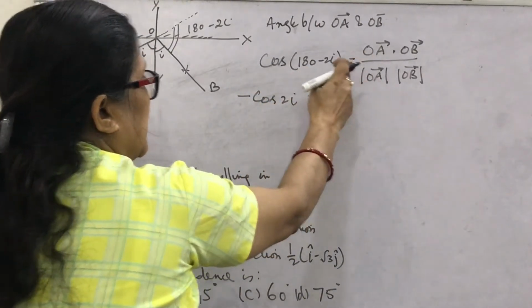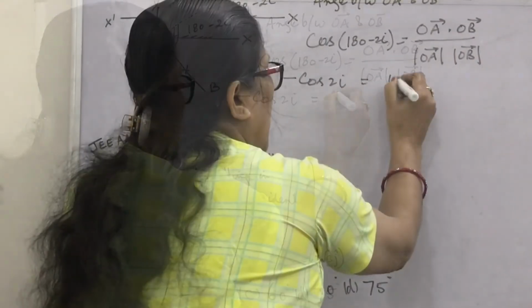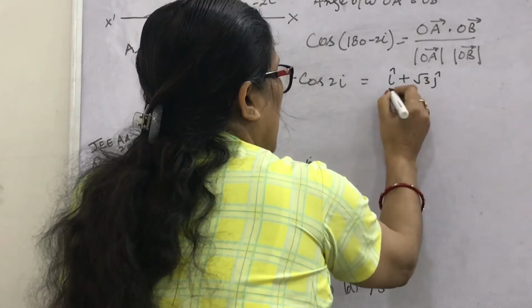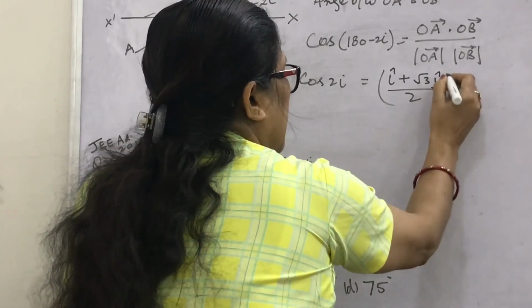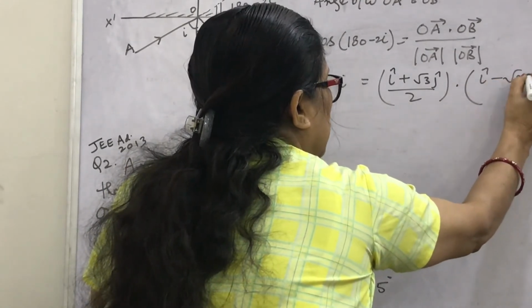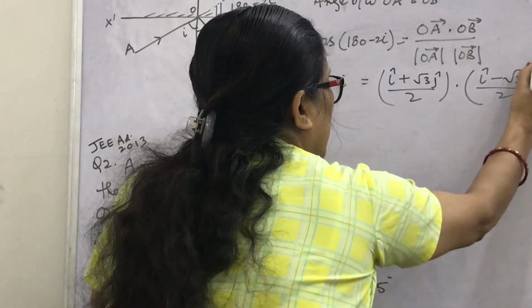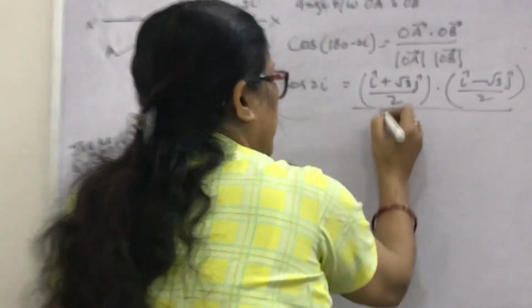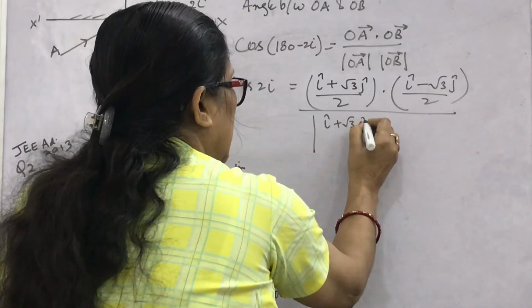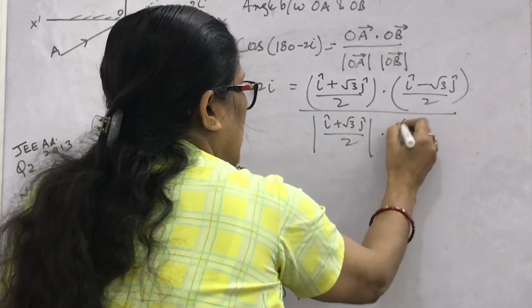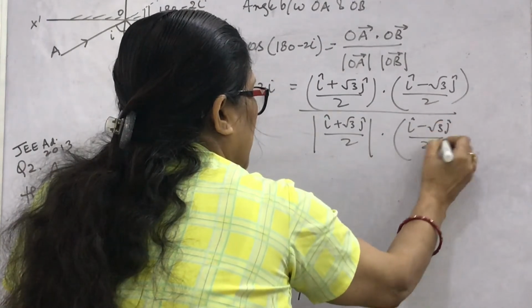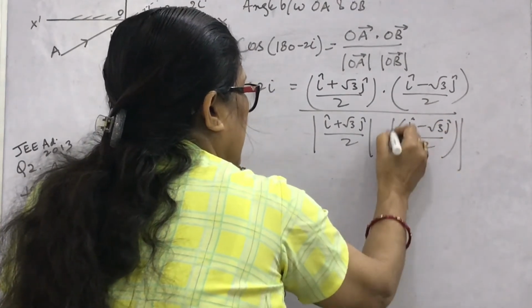What will be here? Put the values here. This will be (i cap plus root 3 j cap)/2 dot (i cap minus root 3 j cap)/2, upon their magnitudes.